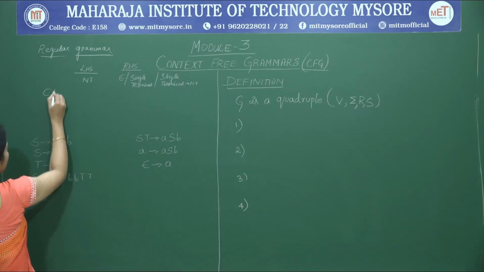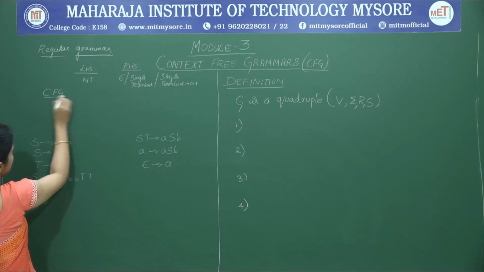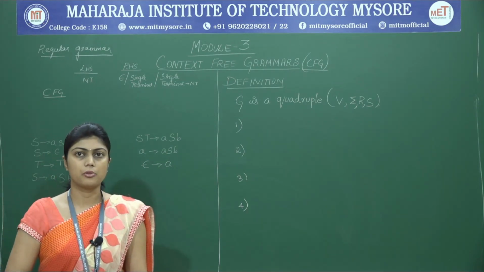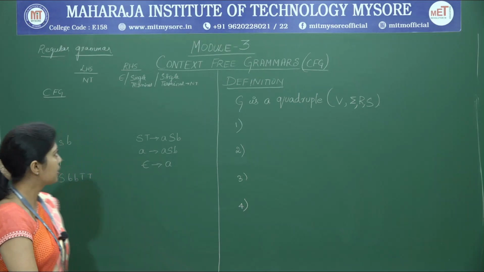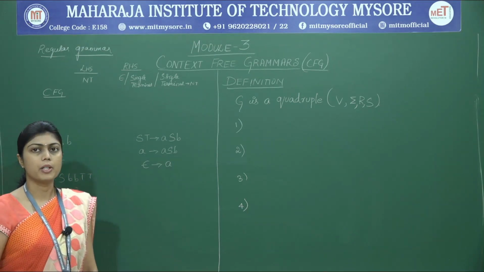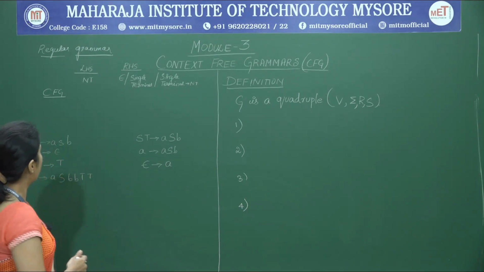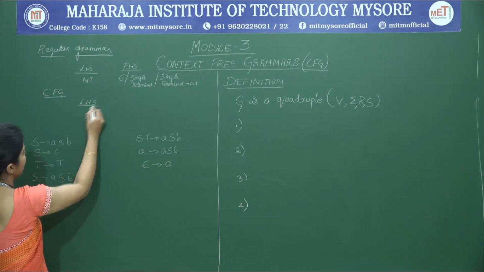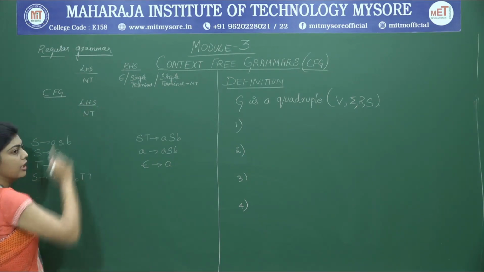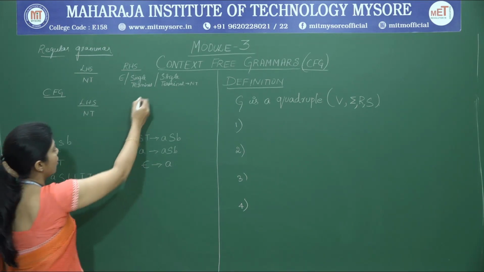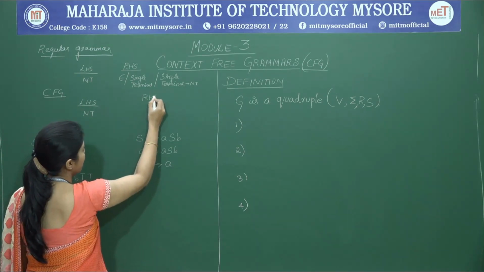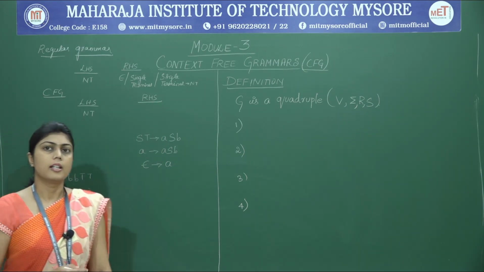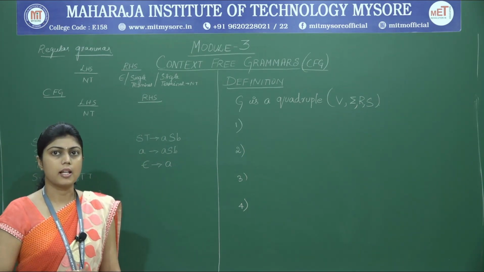Now when we are concentrating on a CFG, which is an abbreviation for context free grammars, it is more flexible compared to the regular grammars. The CFG allows a non-terminal on the left hand side, and on the right hand side we do not have any particular rule that says only certain symbols can appear.